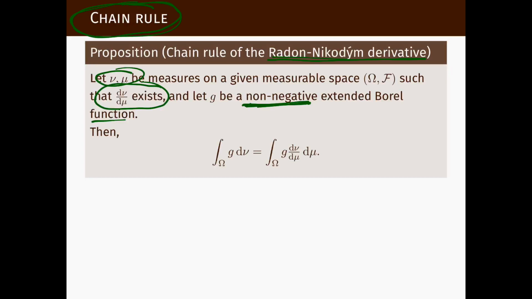So let's come back. When G is a non-negative extended Borel function, we can either integrate G with respect to the new measure nu, so this is the measure nu, such that nu has a density with respect to mu, or we can replace and integrate with respect to the original measure mu if we multiply G by the density.